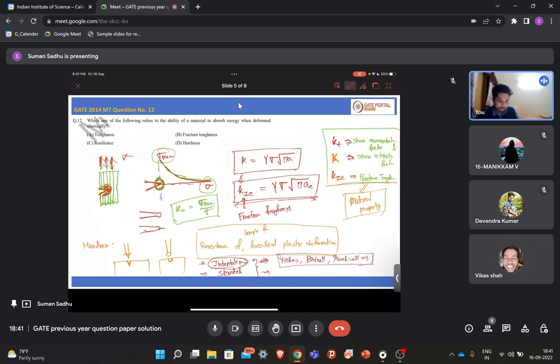So there are different kinds of hardness terms depending on the way you are determining it, and in that way they are termed. But the main concept is that it is the resistance of a material for the localized plastic deformation.